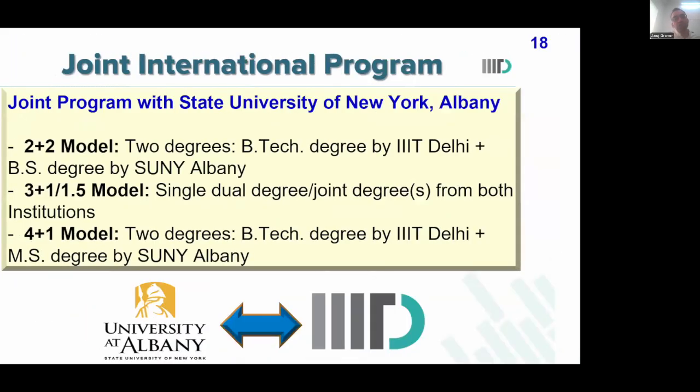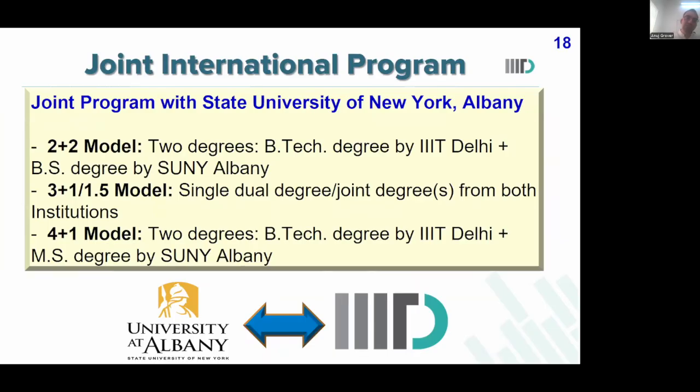Additionally, we also have joint international programs where students will be admitted or will have an option to transition into a 2+2 BTech degree by IIIT Delhi and a BS degree by SUNY Albany, where they will spend 2 years at IIIT Delhi and the later 2 years of their degree at SUNY Albany.